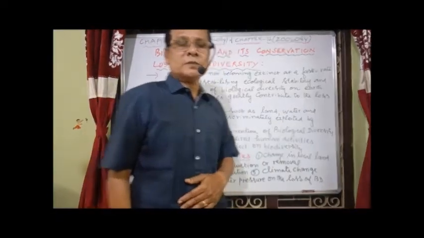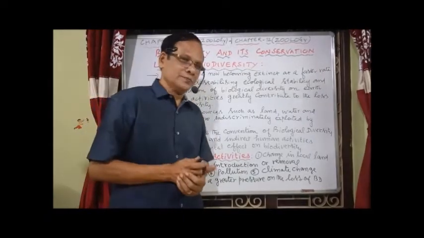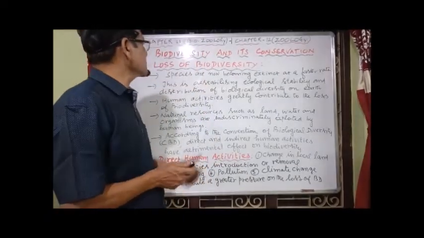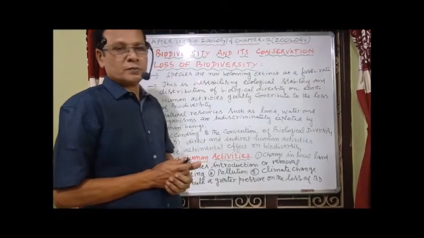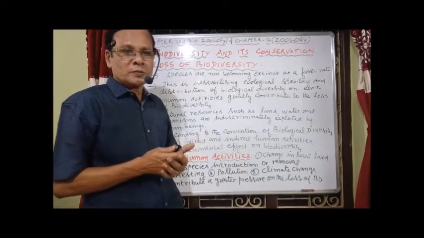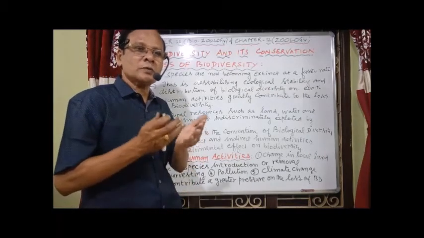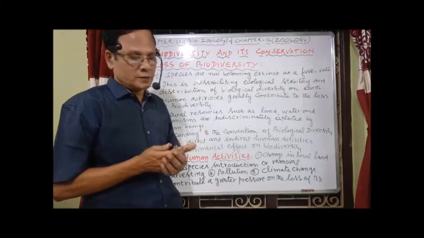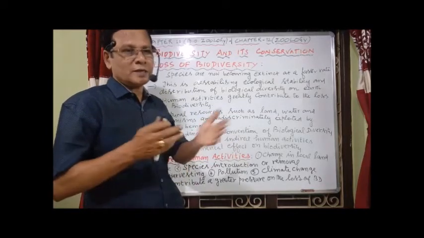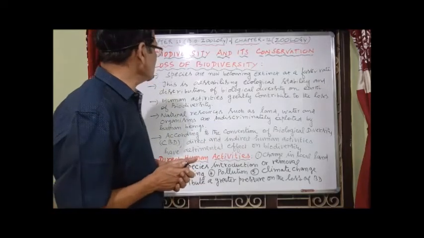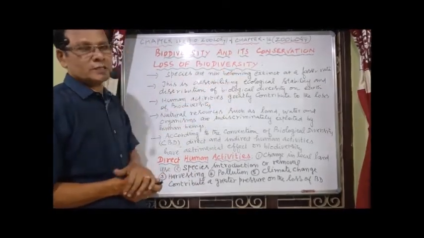Now let us discuss the loss of biodiversity because of human activities. Species are now becoming extinct at a faster rate. Normally, in the course of time, new species evolve and species die out, which is a natural process. But nowadays species are becoming extinct at a faster rate.